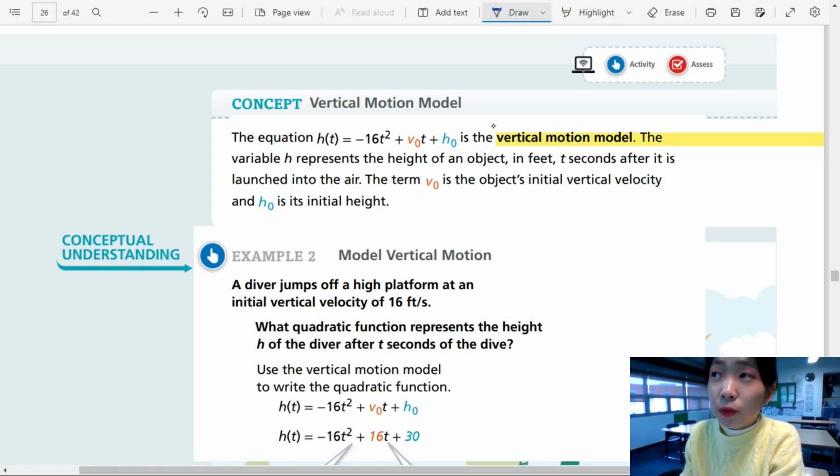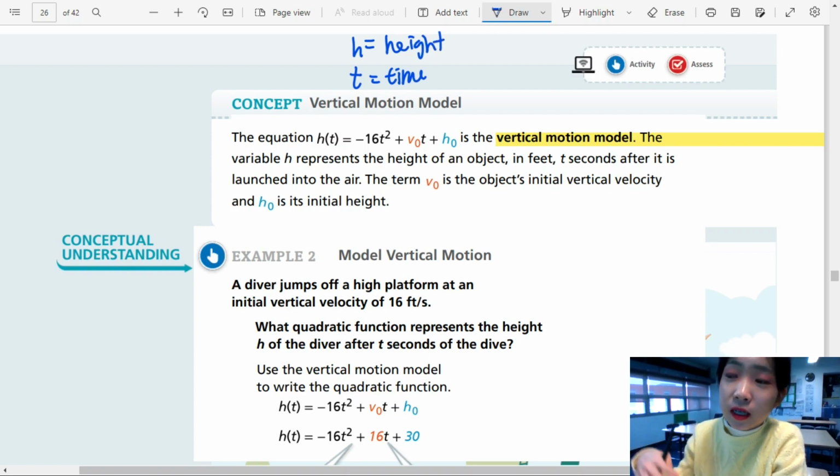The variable h represents the height of an object in feet, t seconds after it is launched into the air. So we have two variables here where t represents time and h represents the height. So over time, the height is gonna be different. It's gonna change.